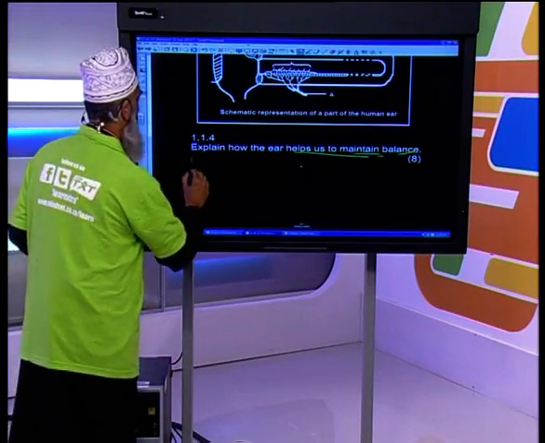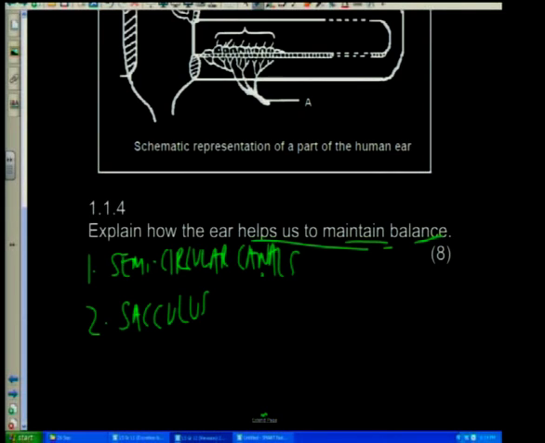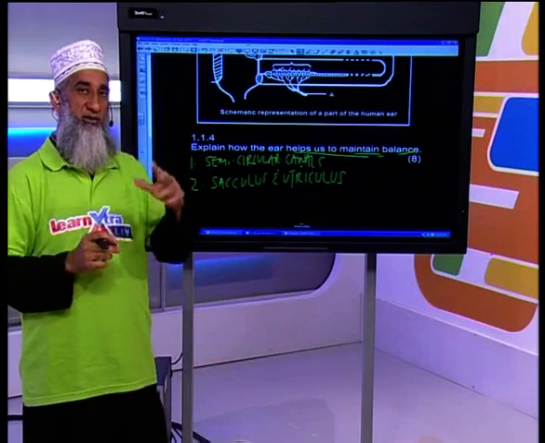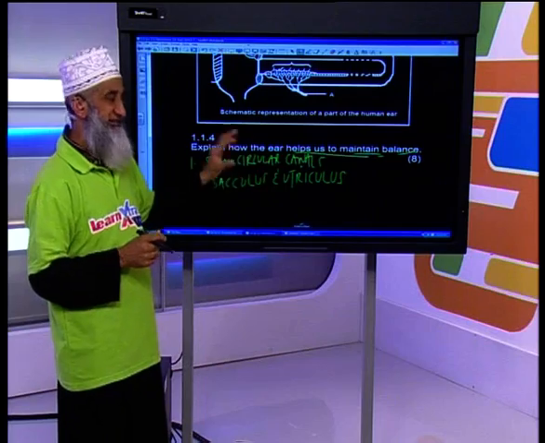One is the semicircular canals, and two, the sacculus and utriculus. These are the two important areas which help us with balance. Remember, the one function of the ear is hearing. The next function of the ear is balance.